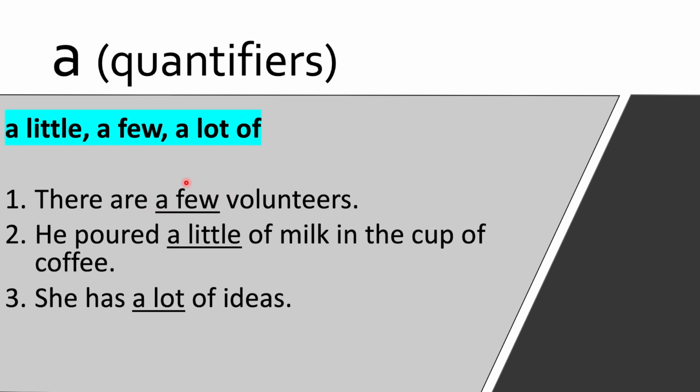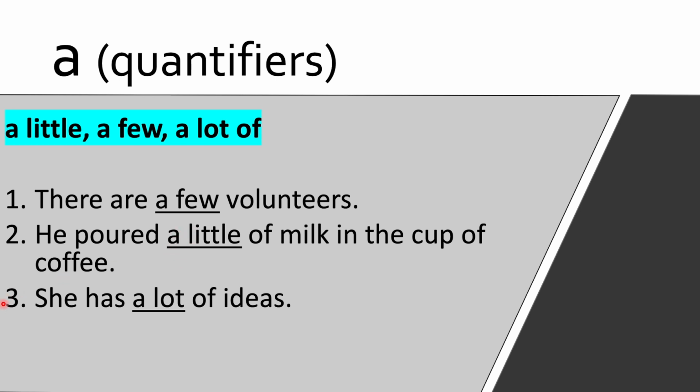Okay? And then in the second sentence, he poured a little of milk in the cup of coffee. So the quantifier, a little of. Okay? We use a little for uncountable nouns like milk, sugar, coffee, oil, salt. Okay? But the point is, A should always be here. Okay? We cannot say he poured little of milk. It's already wrong. So there's the article A here.